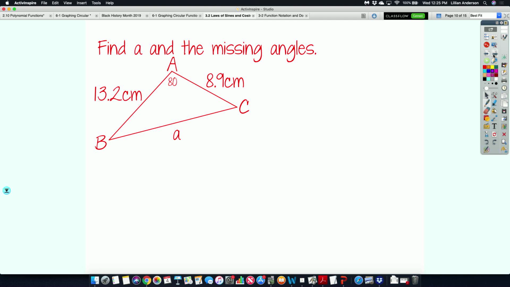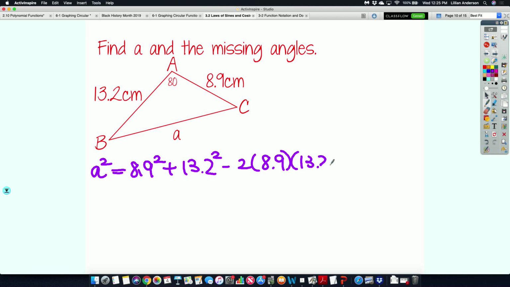I will use the long. Remember, the long ones are used when you are trying to find a side length. And since I am looking for a, it's going to be a squared equals b squared plus c squared minus 2bc cosine angle A. b squared plus c squared minus 2bc cosine.